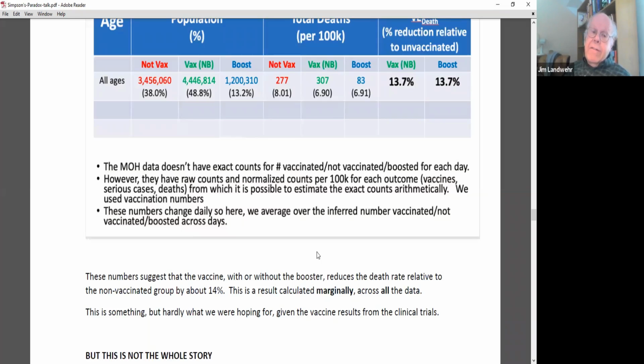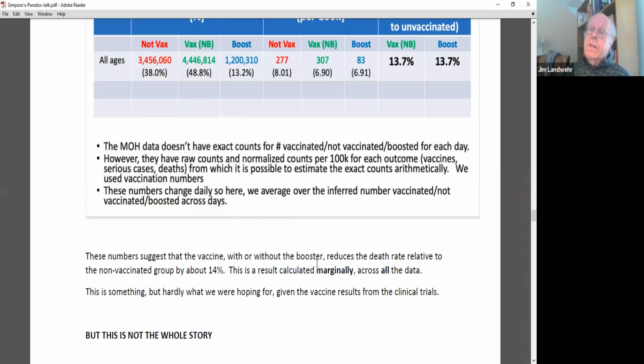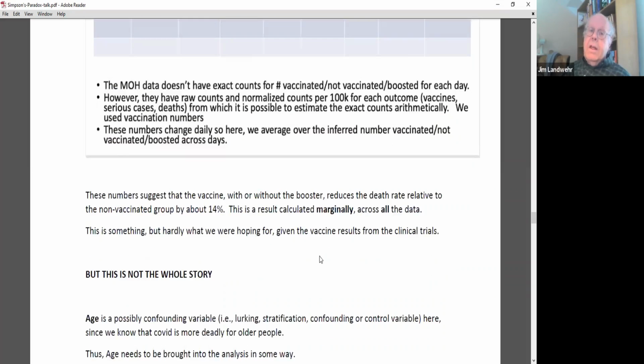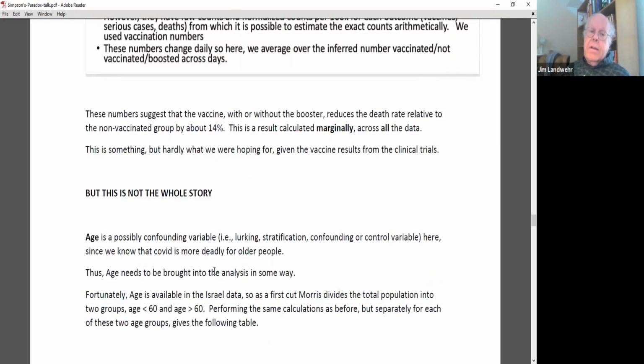And so here we have a calculation that shows that the vaccine effectiveness is 14%, and it's using all the data from Israel, all the deaths, all the population, and so on. So this doesn't look so good for the vaccine. But this is not the whole story. And that's why we're continuing, and that's why the example is here.